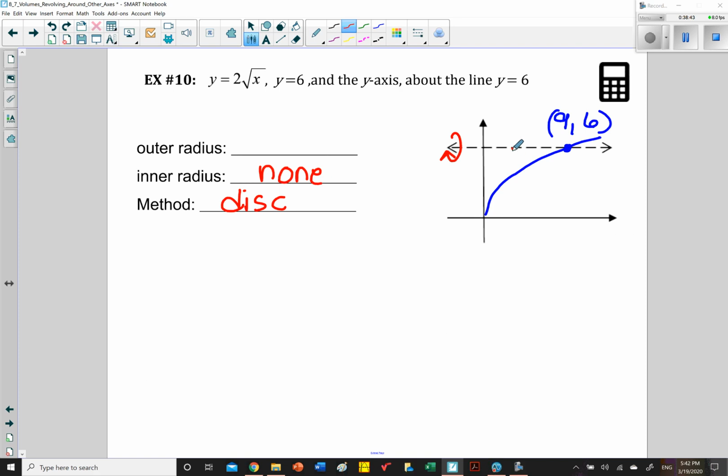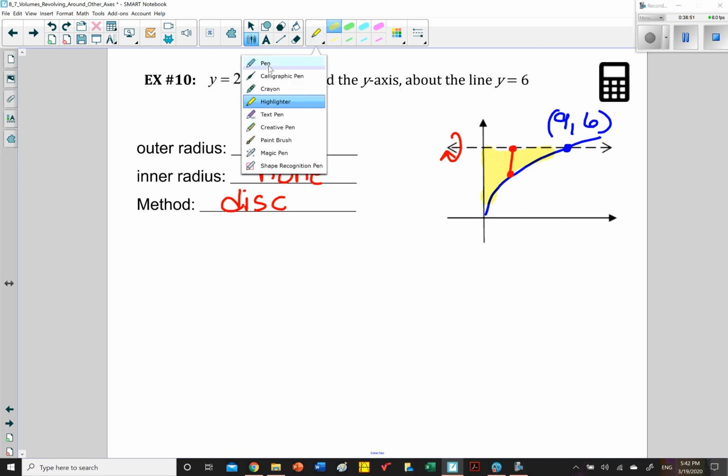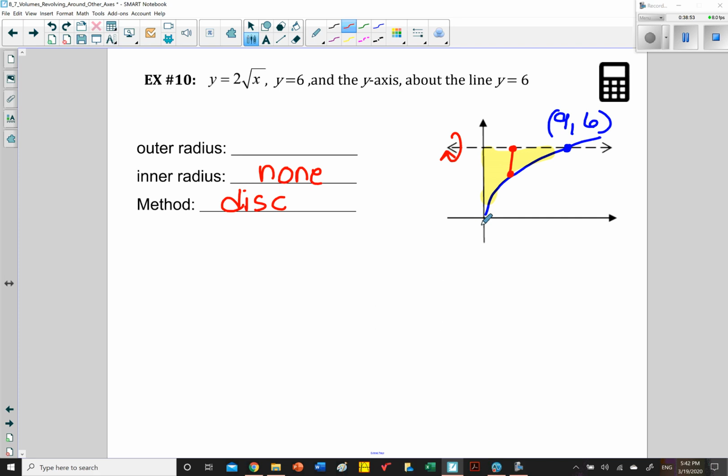We'll have an outer radius. It's going to be that region there. We're starting at 0, going to 9. So from an x to an x, our radius is 6 minus 2 square roots of x.